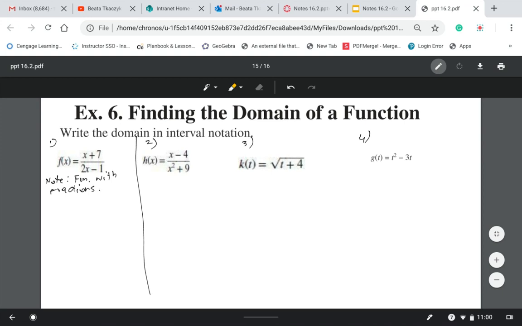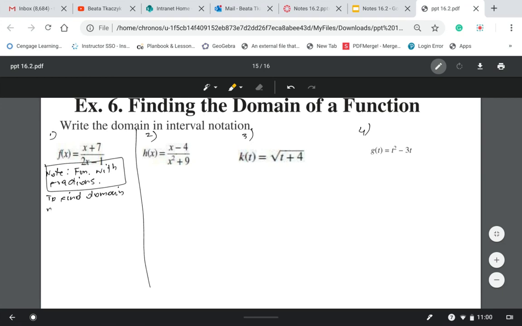To find the domain, make the denominator not equal to 0, because what we know about fractions is that the denominator cannot be equal to 0.